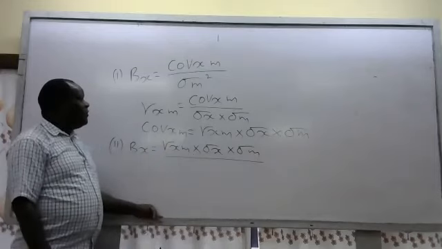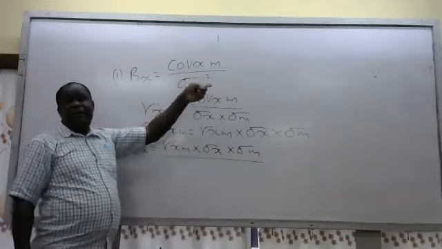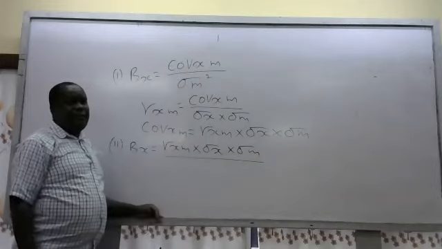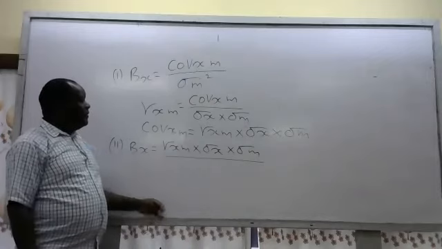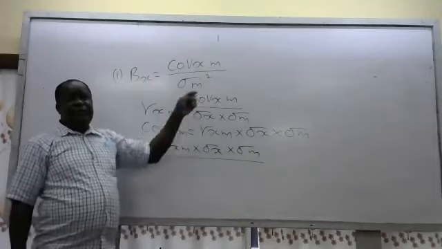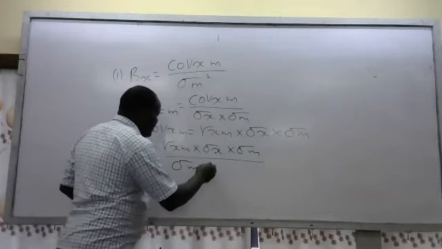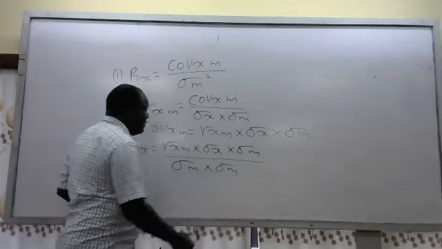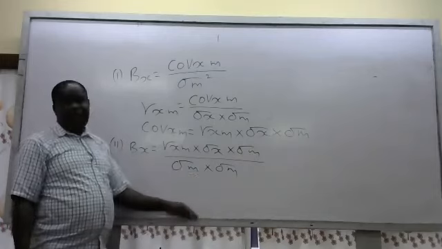Then I also want you to remember that the variance of the market is the same as the standard deviation squared. So where we have the variance for the market, it is the standard deviation for the market multiplied by the standard deviation for the market, squared.